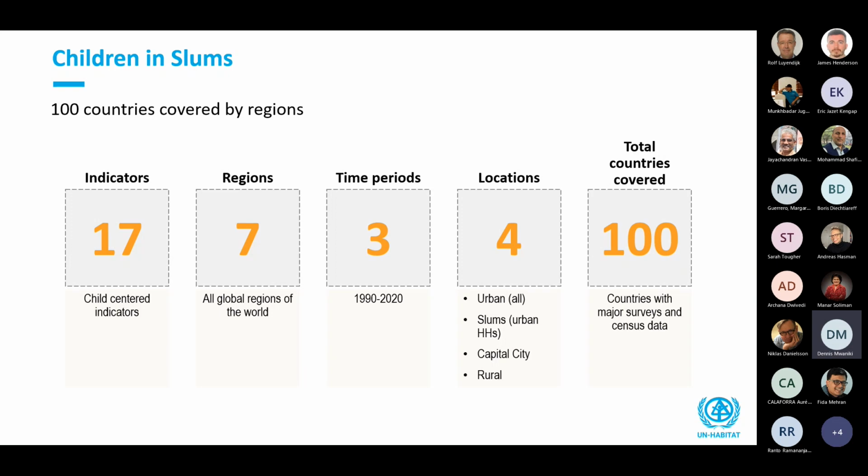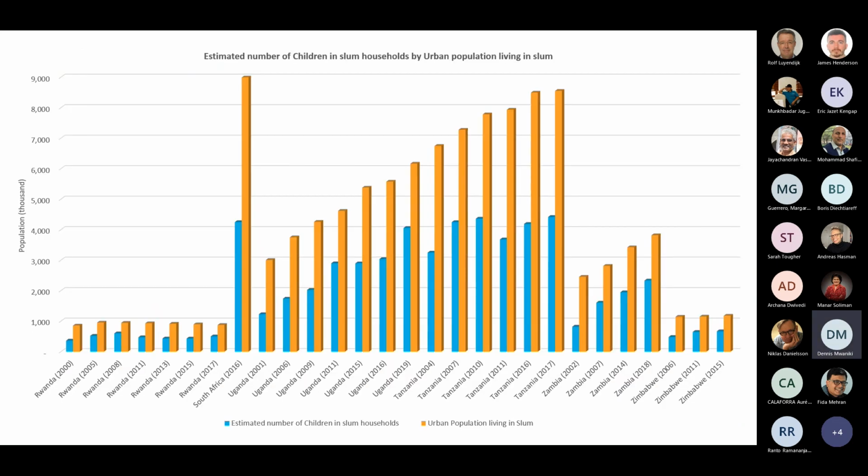And the disaggregations are at the urban level between urban and rural, slum and non-slum households, but also different types of urban settlements. So currently we've covered about 100 countries based on the different surveys that are available, and specifically from DHS and MICS, but also from censuses that are coming from countries.